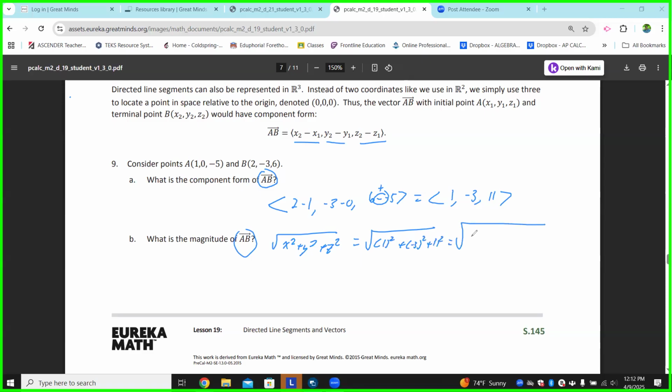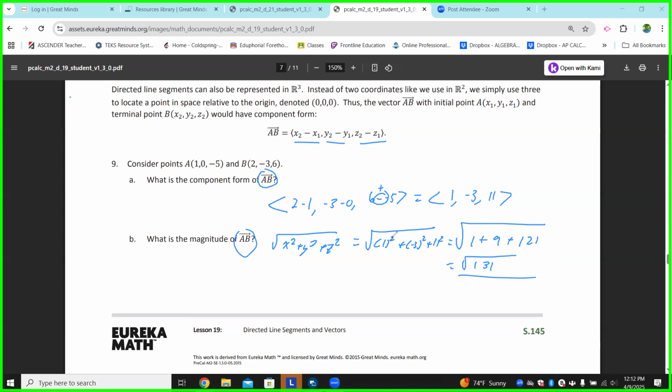What's 1 squared? -3 squared? 11 squared? 121. Very good. 1 plus 9 plus 121? 131. I'm pretty sure 131 is a prime number, so we can just stop there. Questions on how to find the magnitude of a three-dimensional vector?